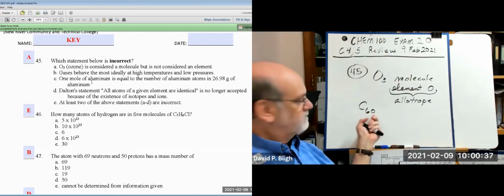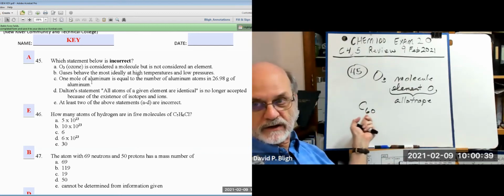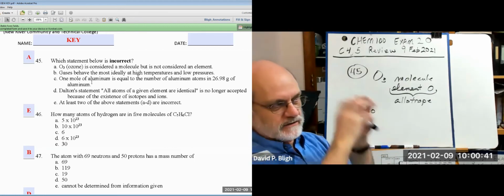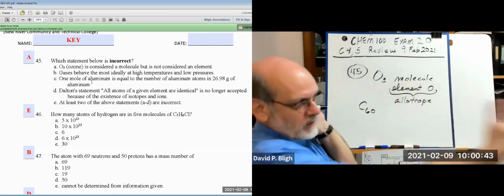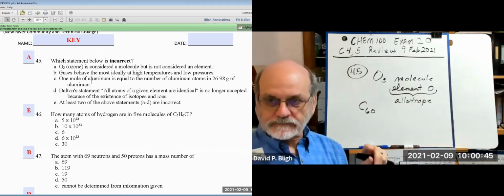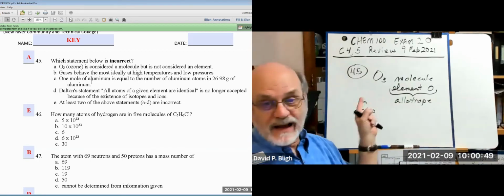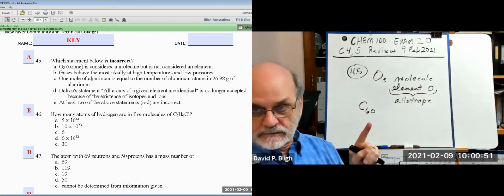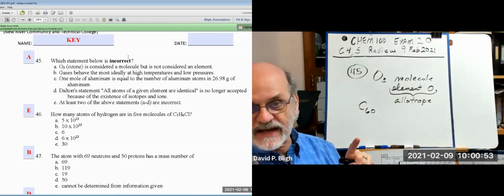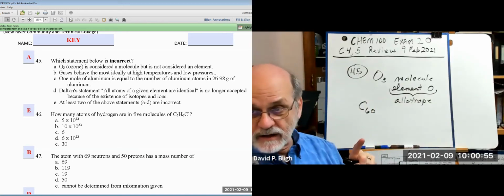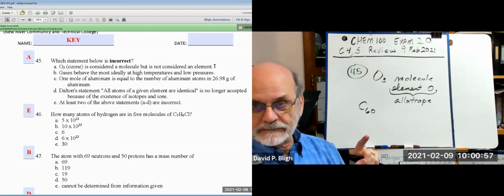They could have an infinite number here, because they're just tubes, and they go this long or that long or that long. So yes, it is an element. That makes A false because of that statement. Not considered an element? Oh, it's an element, all right.